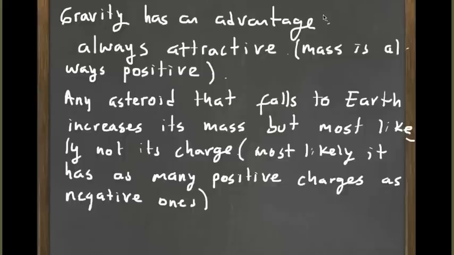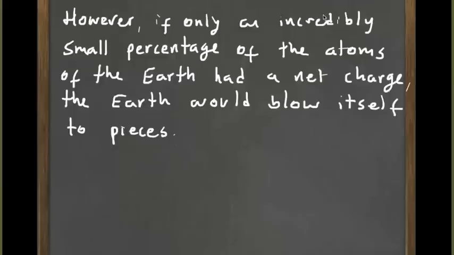The universe most likely has a net charge of 0, which means that the matter in the universe is equally divided between positive and negative charge. But then again, the electromagnetic force is so much stronger than the gravitational force that it would take an incredibly small percentage of the atoms of the Earth to have a net charge, and the Earth would just blow itself to pieces because of the repulsion between the charges.